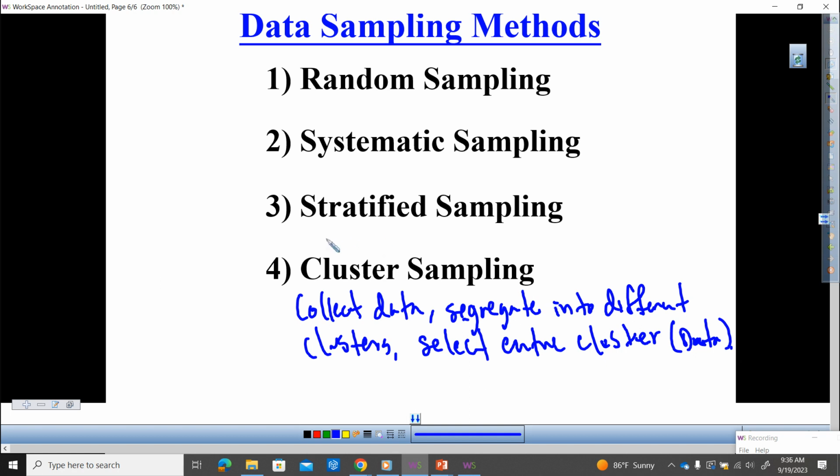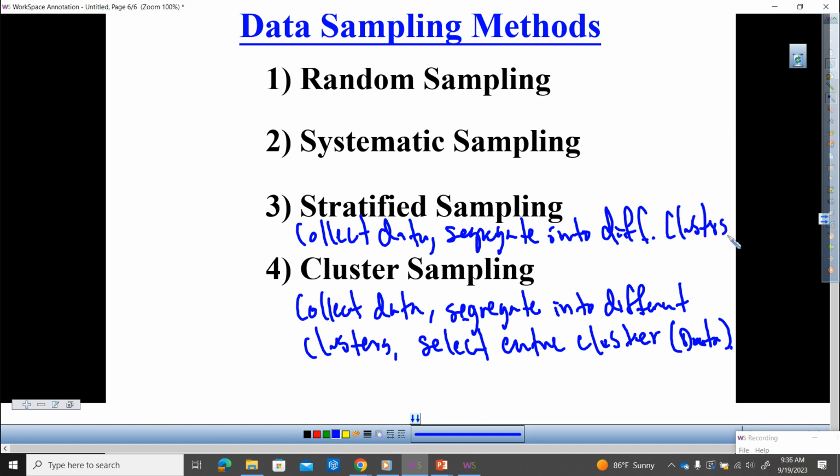Stratified. Stratified, we start again with collect data. Then we do what, everyone again? Segregate into different clusters, comma. So why is stratified different than cluster? Alex, what do you say?